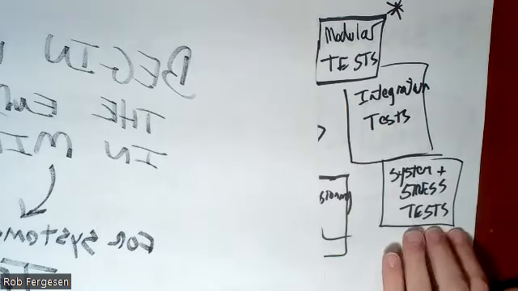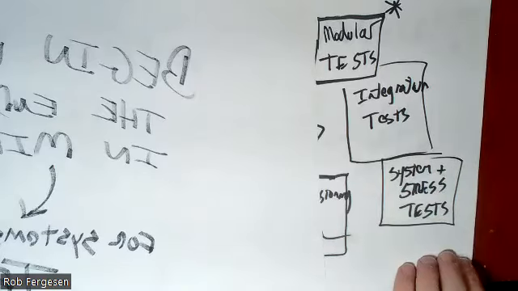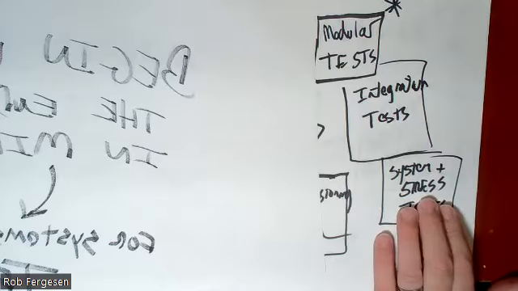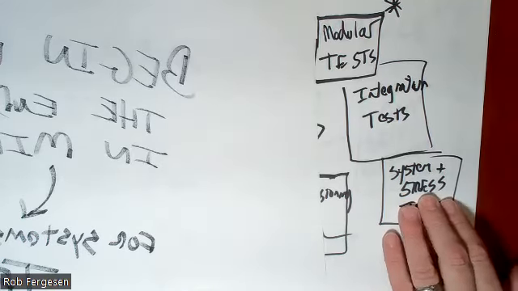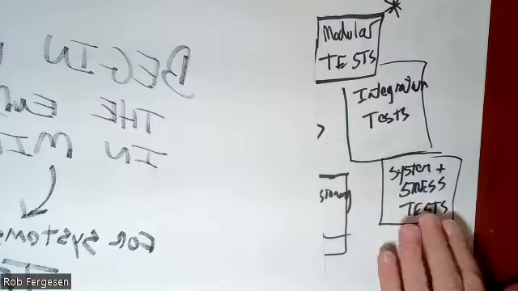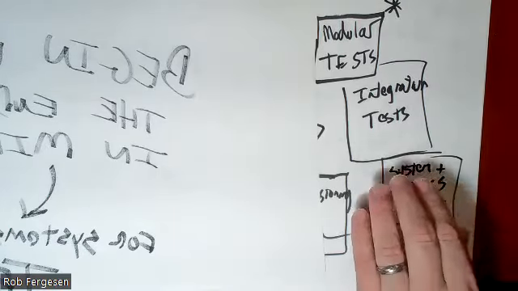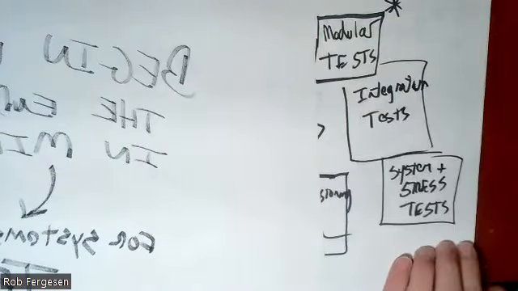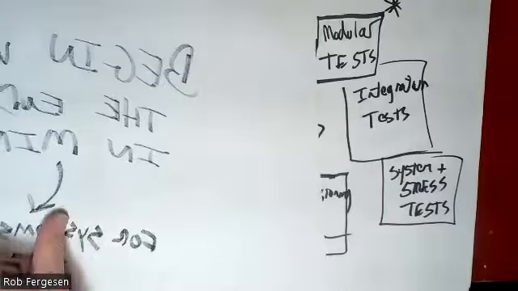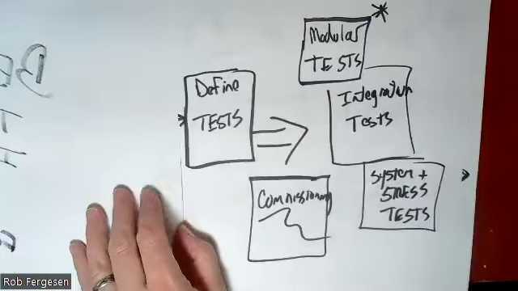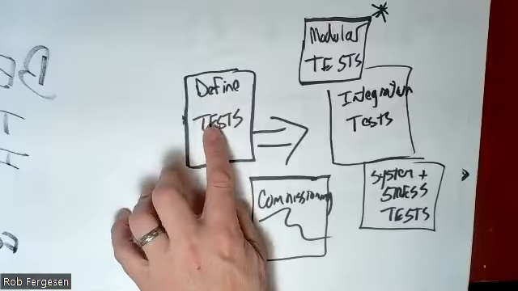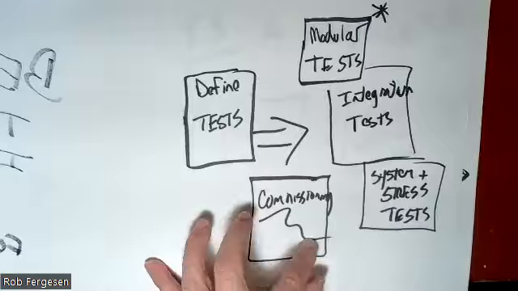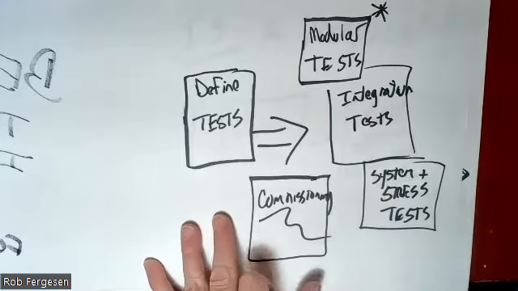And then the third step, and sometimes people break this up into multiple steps, is the overall system test, which includes stress testing. Stress testing means you run it to maximum speed in every possible way. So you got system and stress testing overall. So there's 3 major phases to testing. But to get there, we must define those tests. And we have a commissioning process that occurs somewhere along the way.